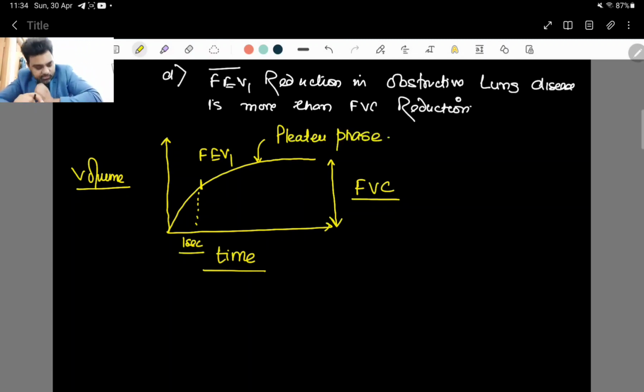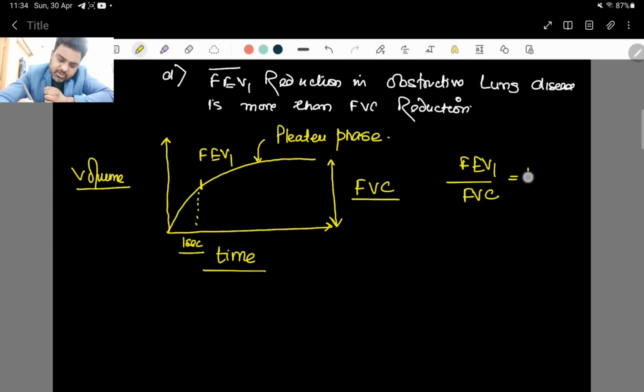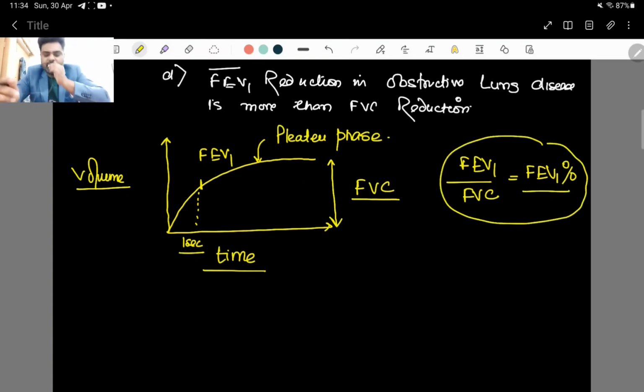So this was regarding FEV1 and FVC. Now we calculate their ratio, which is known as the FEV1 by FVC ratio. In some places it is simply written as FEV1%. So if it is written FEV1% or FEV1 by FVC, it is the same thing.